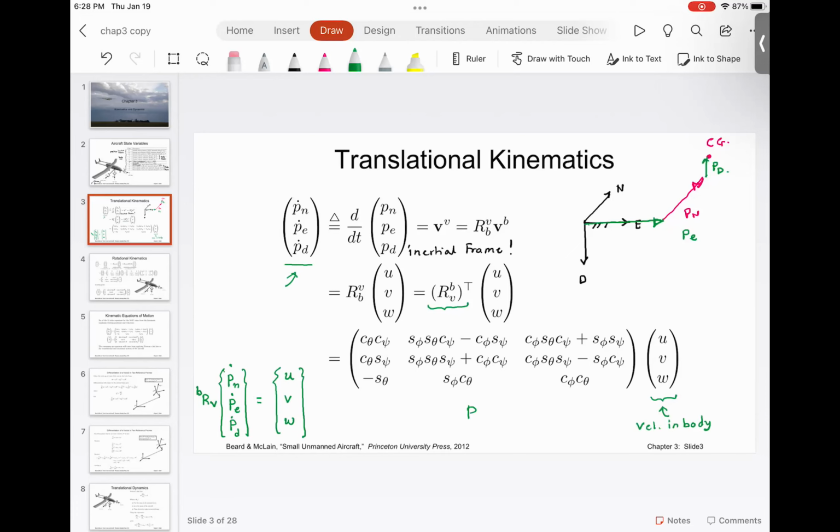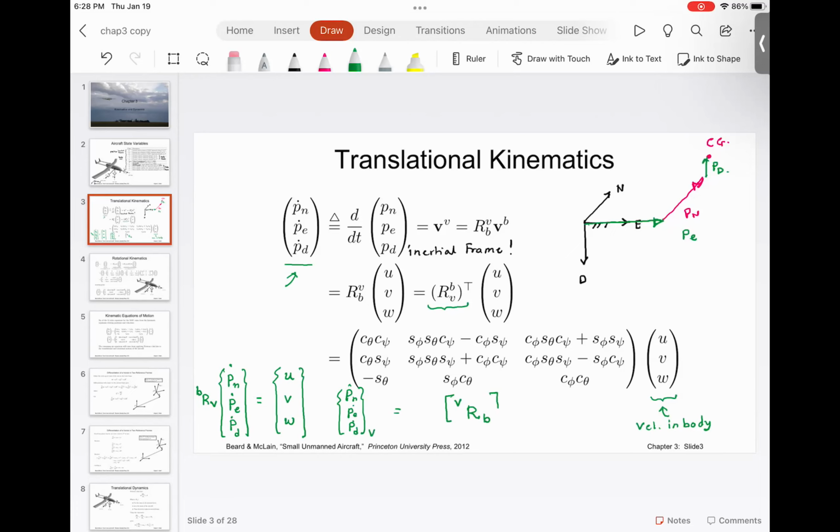So I need to have R body V equal to Pn dot, Pe dot, and Pd dot, because this needs to be in the vehicle frame.